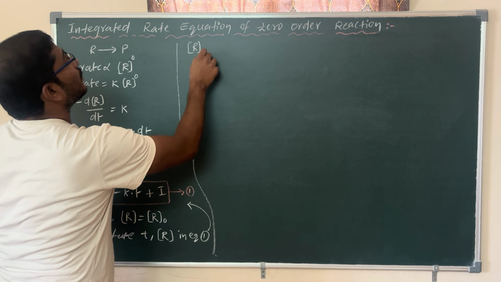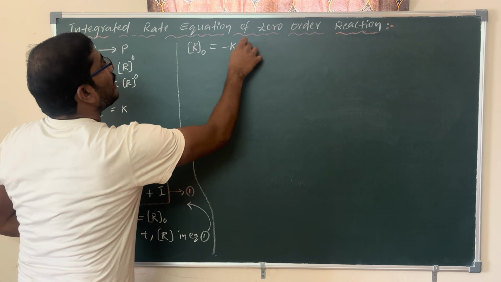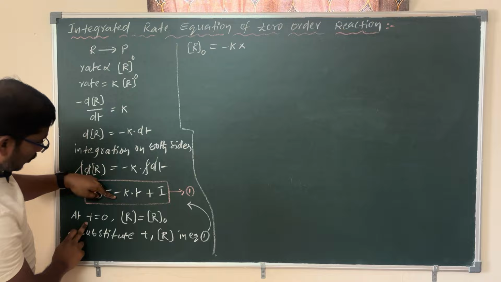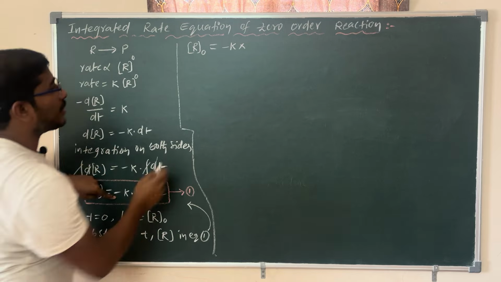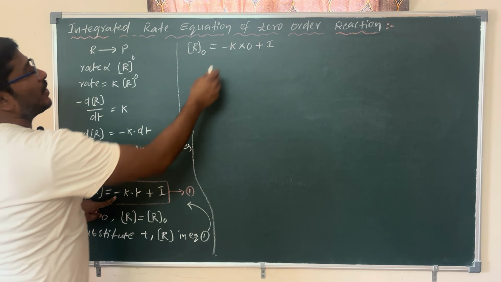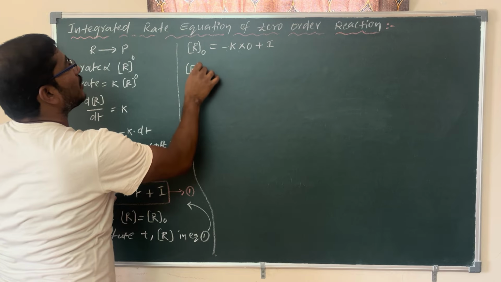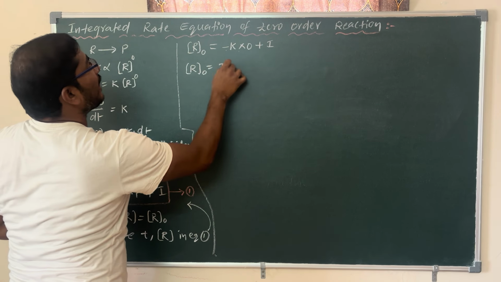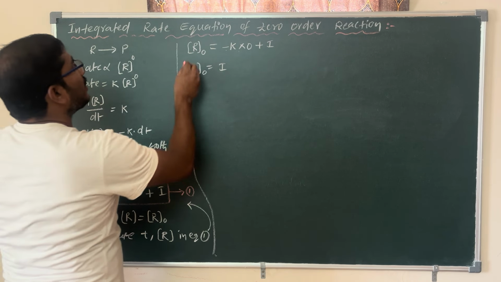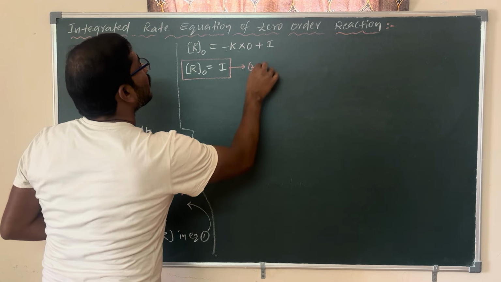Initial concentration of reactants is equal to minus K into 0 plus I. Now minus K into 0 becomes 0. So initial concentration of reactants is equal to I. This equation I am going to take as equation 2.